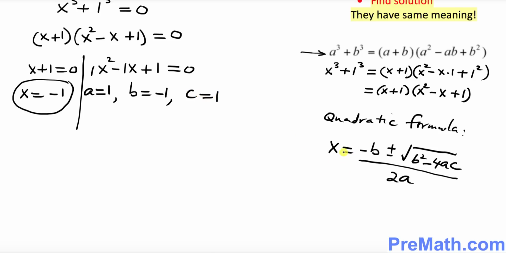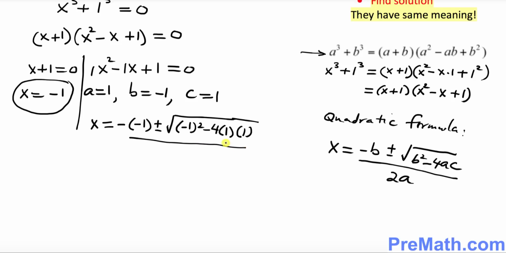If we plug it into this quadratic formula, that's going to give you negative b, and b is negative 1, plus or minus the square root of b squared, negative 1 squared, minus 4 times a, which is 1, and c, which is also 1, everything divided by 2 times 1.